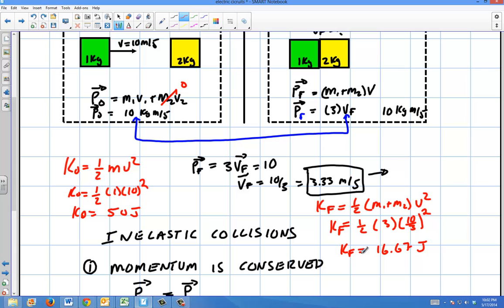So you may say, well, that's like magic, like where did it go? Like how does energy just disappear? And it goes to two places. Okay, that energy, notice we have a lot less, by the way. 16 versus 50. How much less did we have?